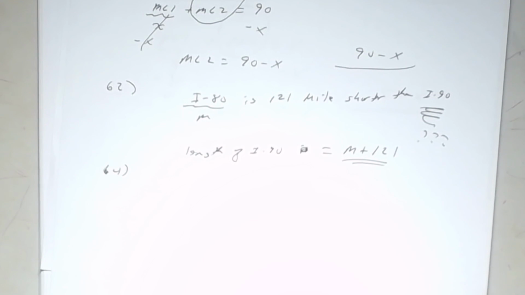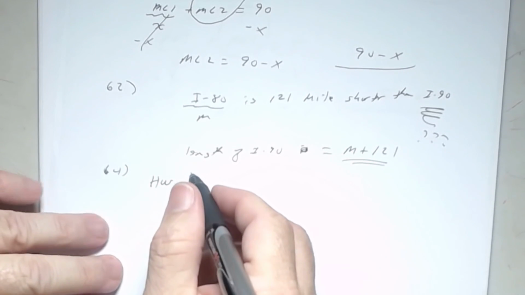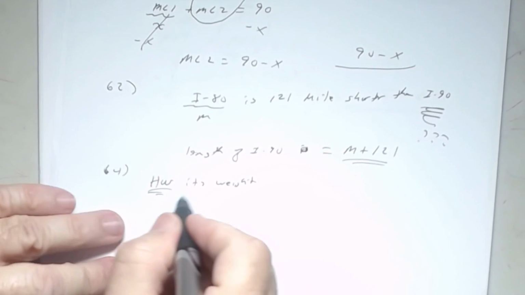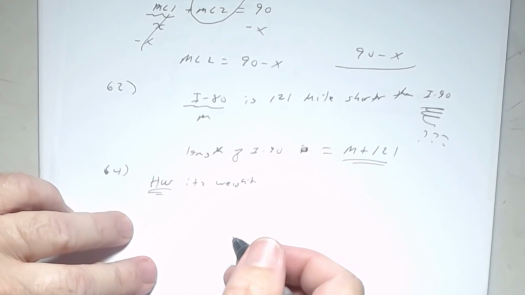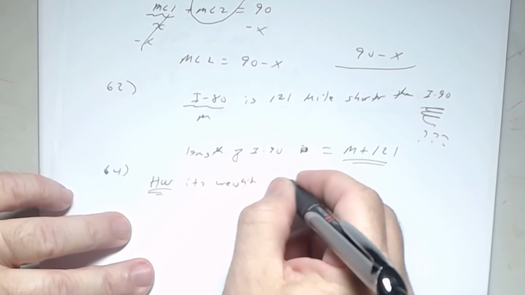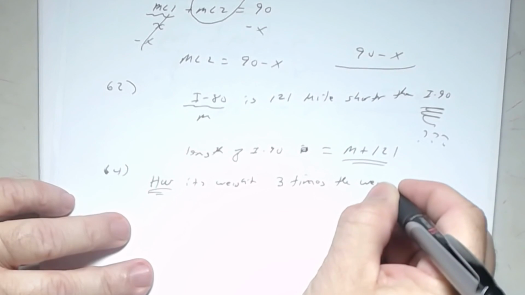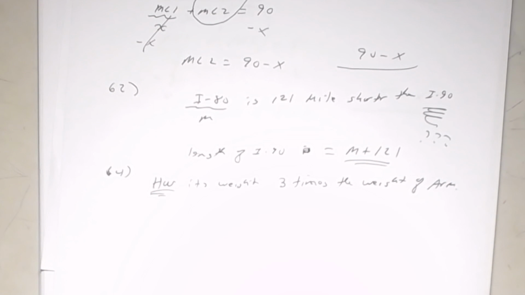When it says its weight, what is it referring to? Which meteorite? The one in Hoba West? Okay, so the Hoba West meteorite, its weight is 3 times the weight of the Almaty meteorite, correct?